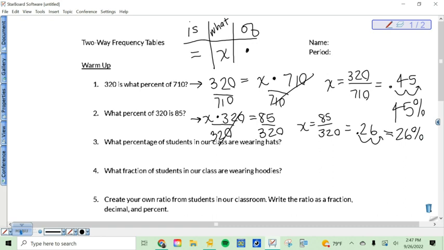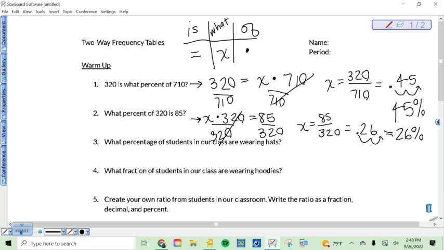Okay, now let's figure out what percentage of students in our class are wearing hats. So how many people are, so remember, percent, we're looking at part compared to whole. What is the whole?